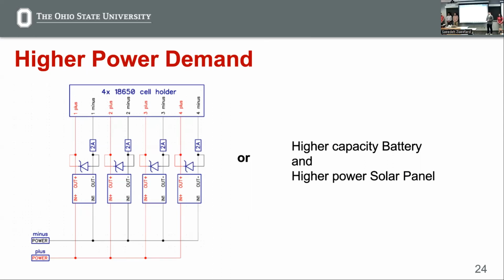So if you accidentally put the battery in the opposite direction, the current will flow through the diode and blow the fuse. So it will protect the charger module. And in the real implementation, we need a higher capacity battery, so we also need to change to a higher power solar panel.